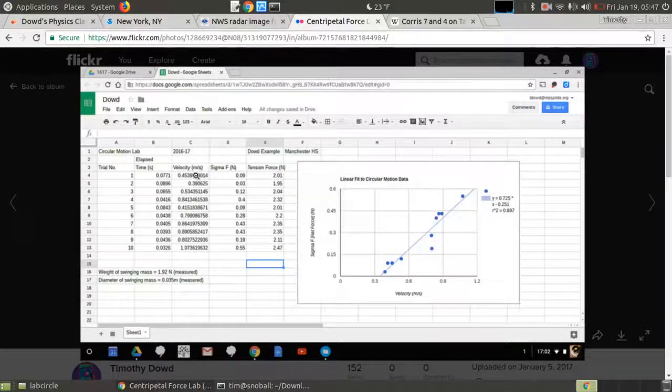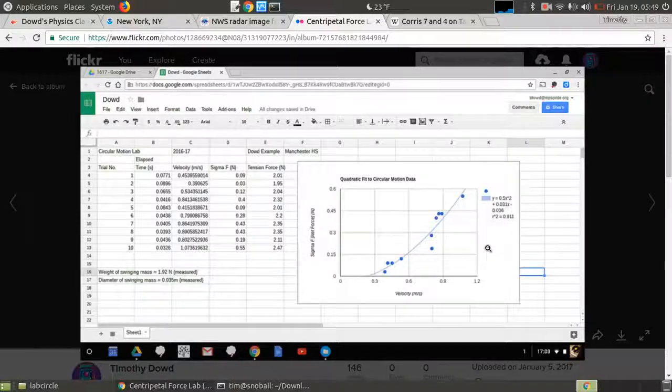So I did a graph of velocity versus sigma F, and I first put a linear fit onto it. It's not terrible, there's a lot of error, but it looks like there could be some bowing here in the middle. We have stuff that's over at the ends and under in the middle. So let's try a curved fit. The curved fit is slightly more convincing. I did a quadratic fit here.